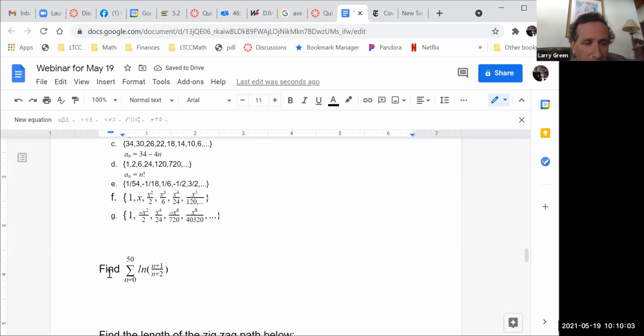All right. How about this one? Find the summation n equals 0 to 50 of natural log of (n plus 1) over (n plus 2). How do we do that one? Any suggestions?